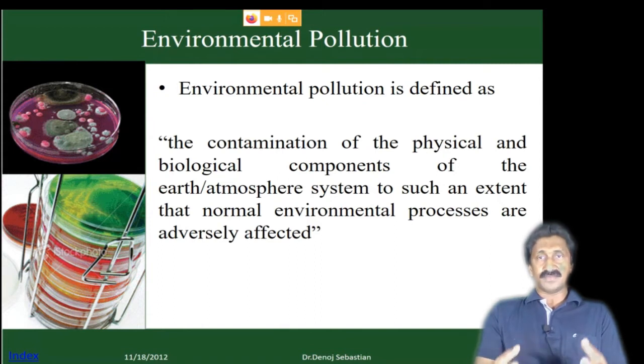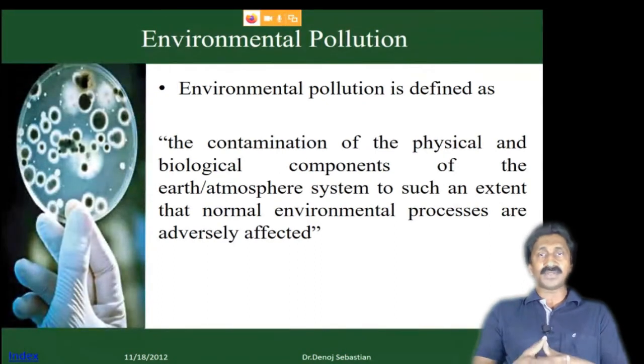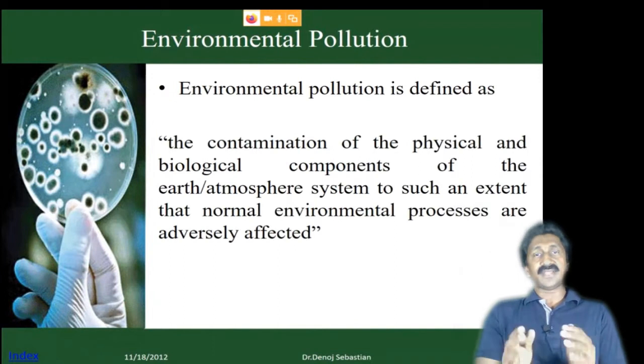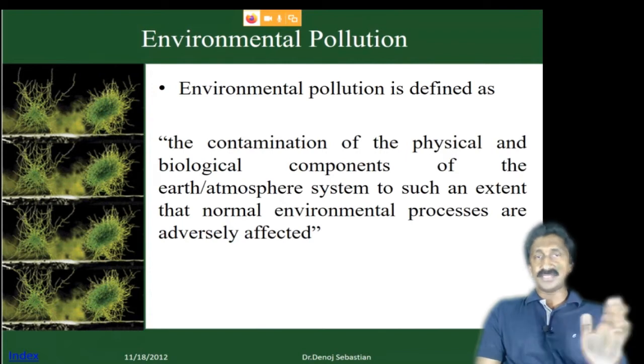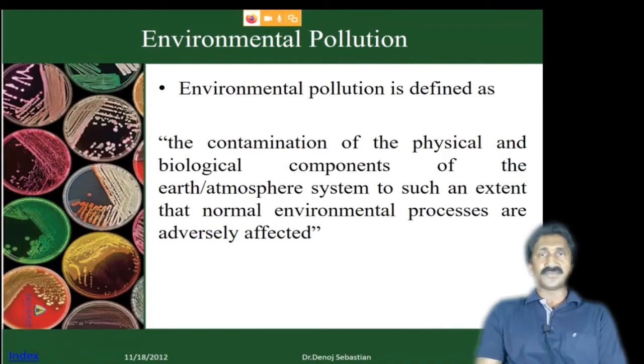So if some physical or biological components are added to the environment and adversely affect the normal environmental process, then we can say that the environment is polluted. So that is the definition for environmental pollution.